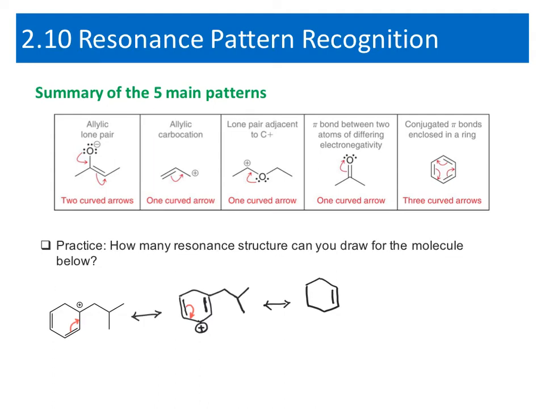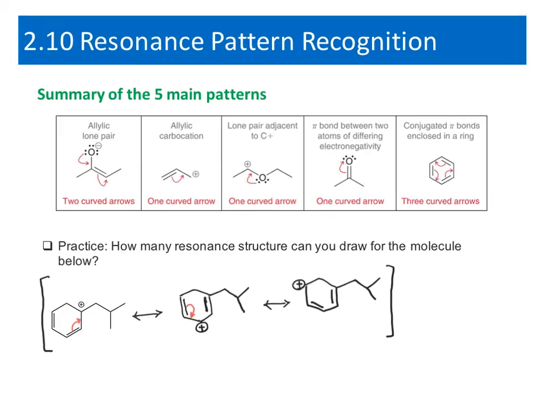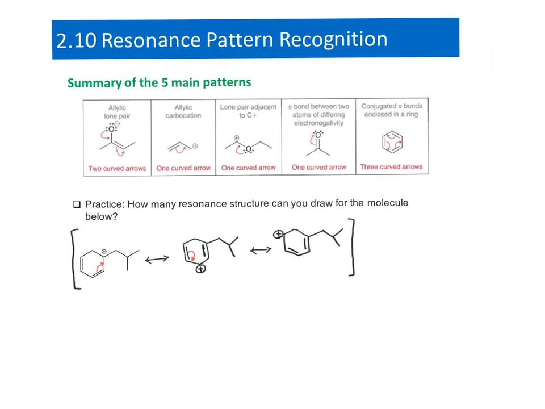I didn't touch this part, it stays the same. This moves here and this carbon gets a positive charge. And we put them in brackets. Alright. The next example could be this molecule.